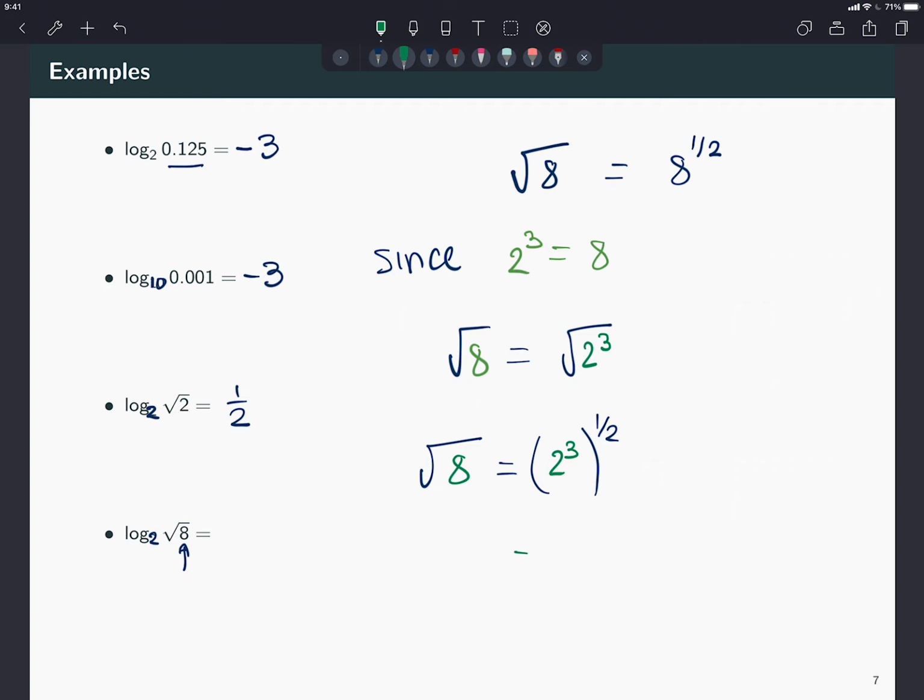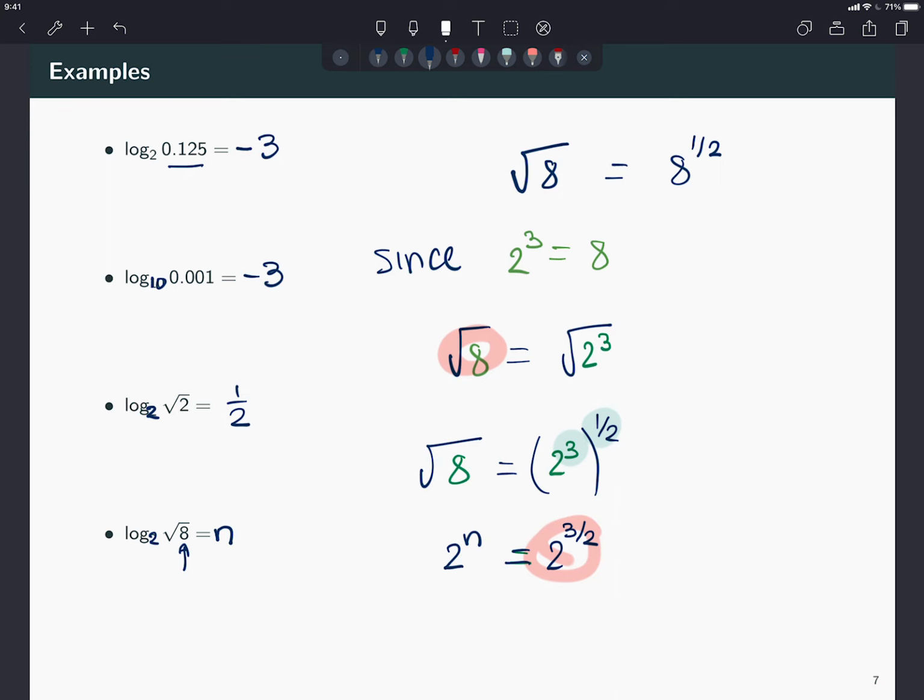And then, again, that review of exponents is going to come in handy. Here, in this case, I'm raising the power of 3 to the 1/2, so you multiply the powers. So this is 2 to the 3/2. And again, if you're looking for an n here, you're looking for a power such that 2 to the n would give you the root of 8, but I wrote root of 8 like 2 to the 3/2, and it comes straightforward.